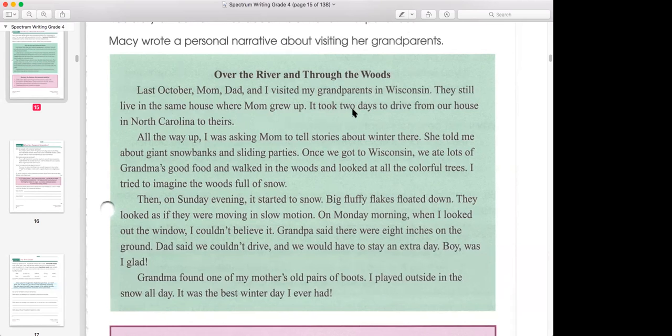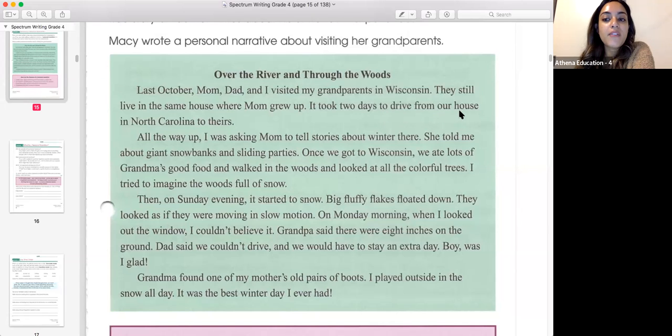It took 2 days to drive from our house in North Carolina to theirs, and they live in Wisconsin. So these are places in the United States. Wisconsin is a state and North Carolina is a state as well, okay?